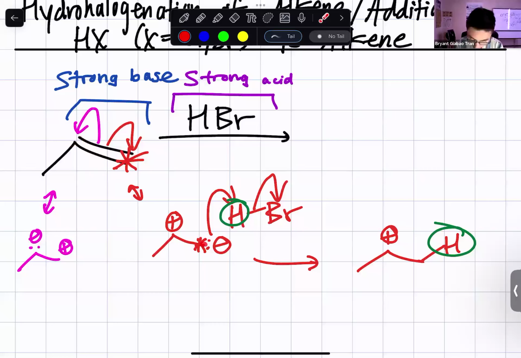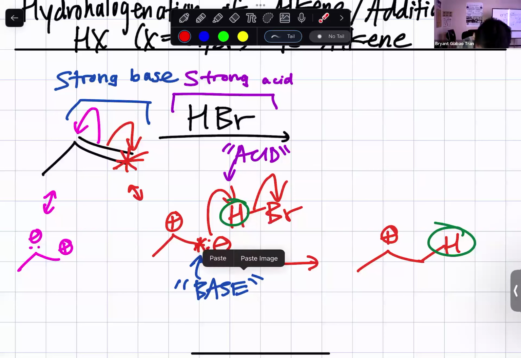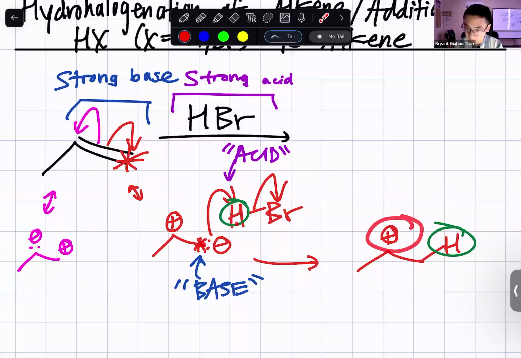The reason why I'm using the less substituted carbon to attack is that this carbon is going to be the base, and this is going to be the acid. Right? We're doing an acid-base reaction here. This base is just grabbing that hydrogen like that. The reason why I chose the less substituted carbon to grab the hydrogen is because that leads us to the more stable carbocation intermediate.